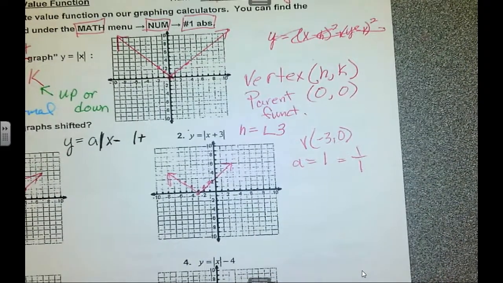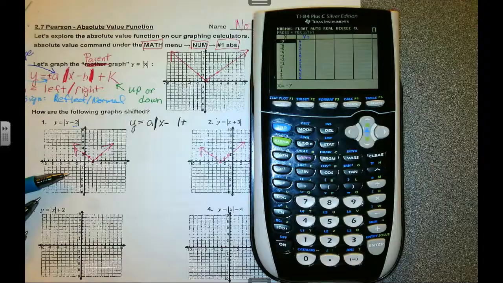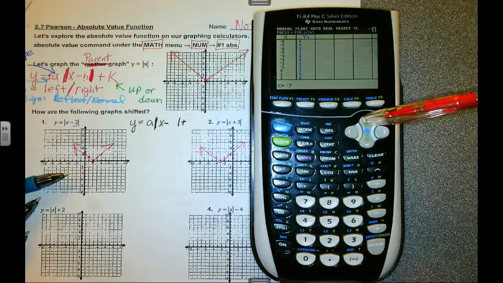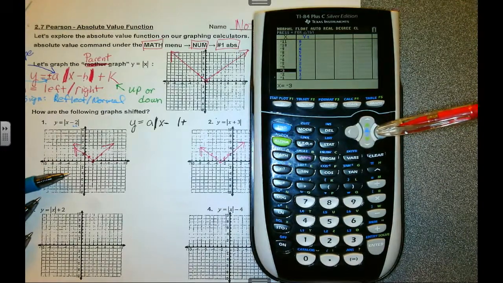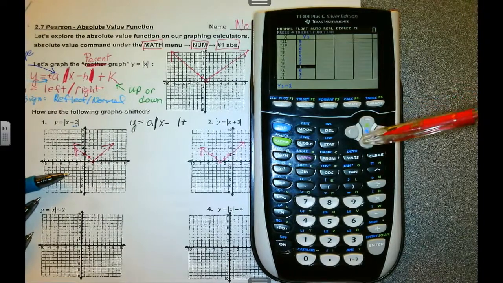What do you mean slow down? Well, you could scroll up and down. Use your up and down arrows. Okay, you want to find your vertex. The easiest way to find your vertex on your calculator is to look for your y values that start to repeat.